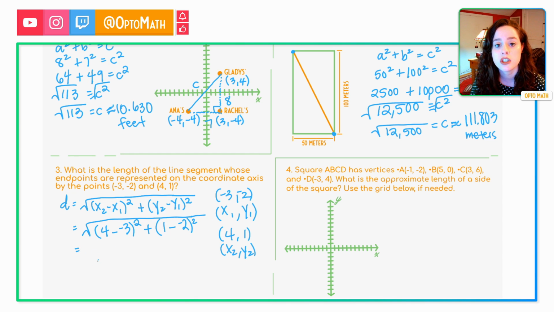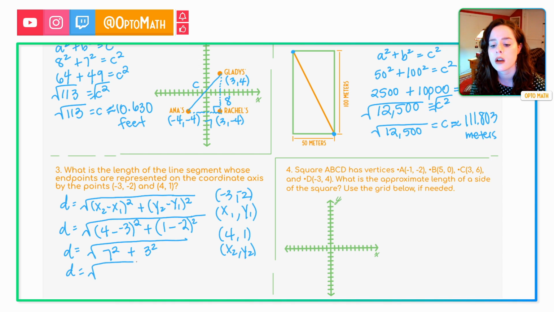Okay, let's continue with this formula by simplifying our parentheses. So we've got the square root. 4 minus -3 is 4 + 3, which is 7. So 7 squared. We can take away the parentheses now that we have simplified that. And then 1 minus -2 is the same thing as 1 + 2, which is 3. So 3 squared. And let's carry down our d for good notation.